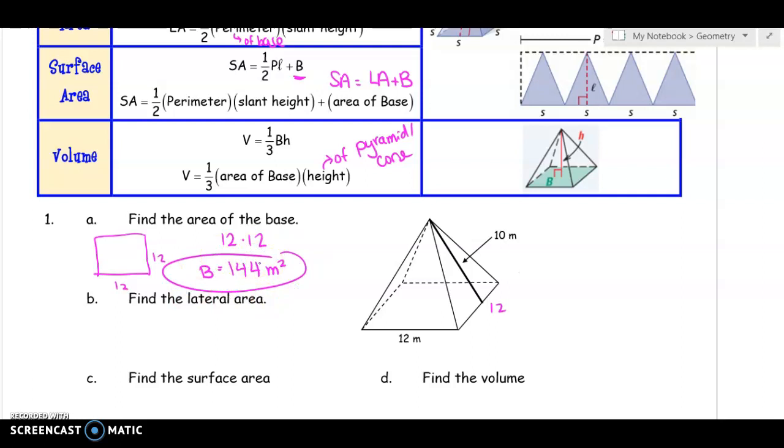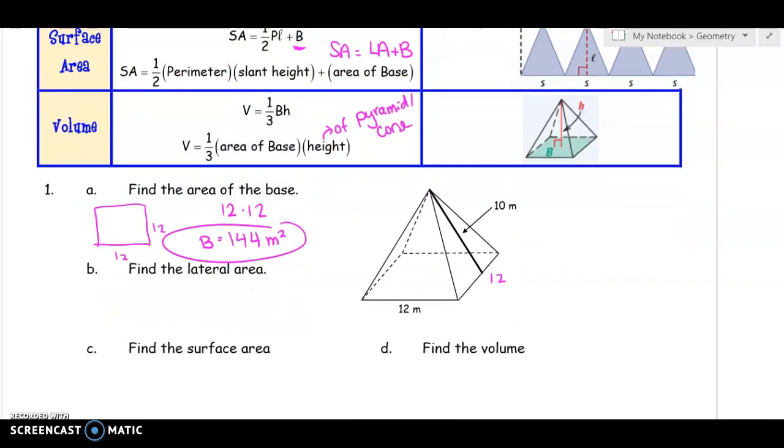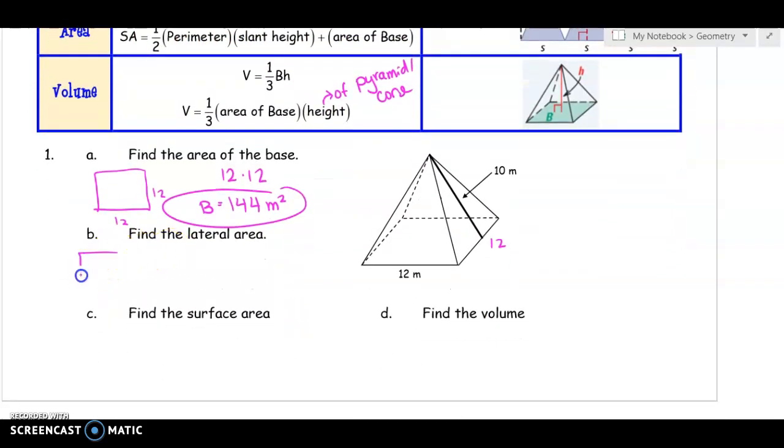The lateral area is going to be the 1/2 times perimeter of the base times the slant height. So we need to find the perimeter of the base. Again, if you want to draw the base off to the side, you can do so. The base is the square. Perimeter is going to be 12 plus 12 plus 12 plus 12, or 12 times 4. You're going to get 48 meters. The slant height, we know. The slant height is this dark black line here.